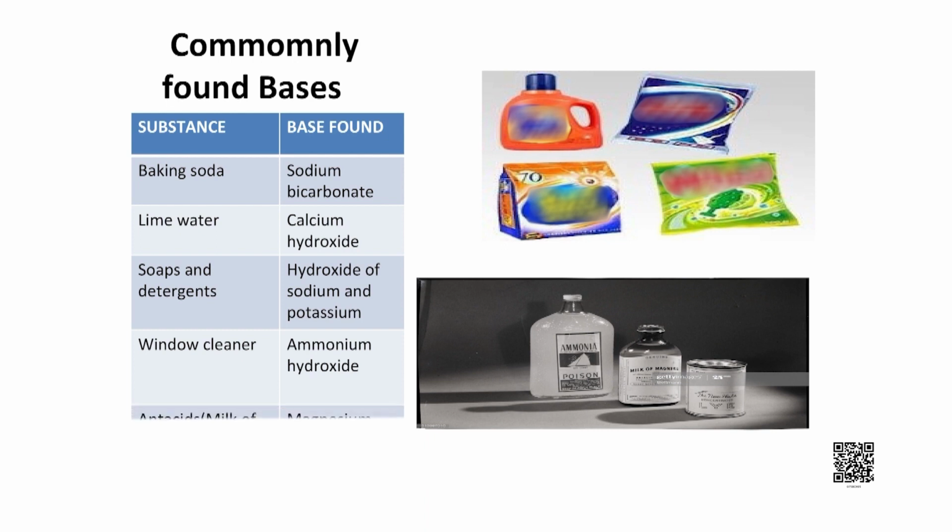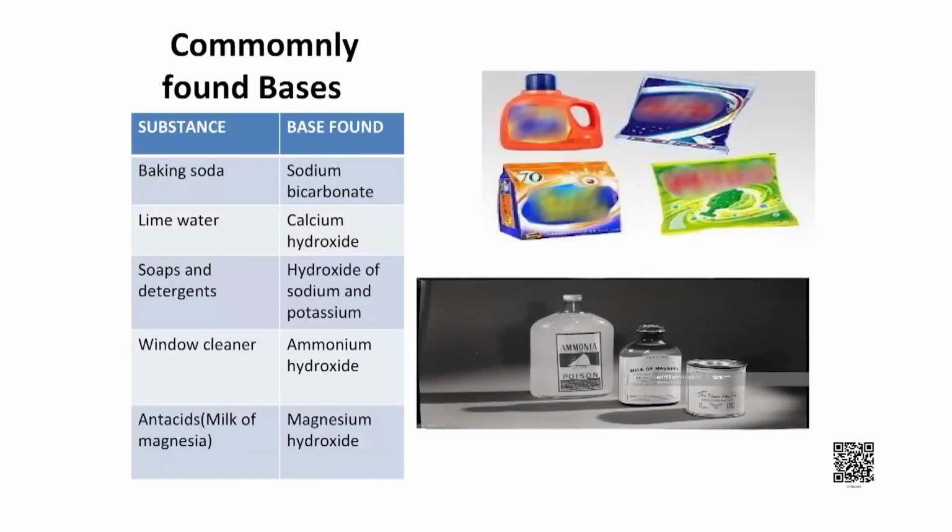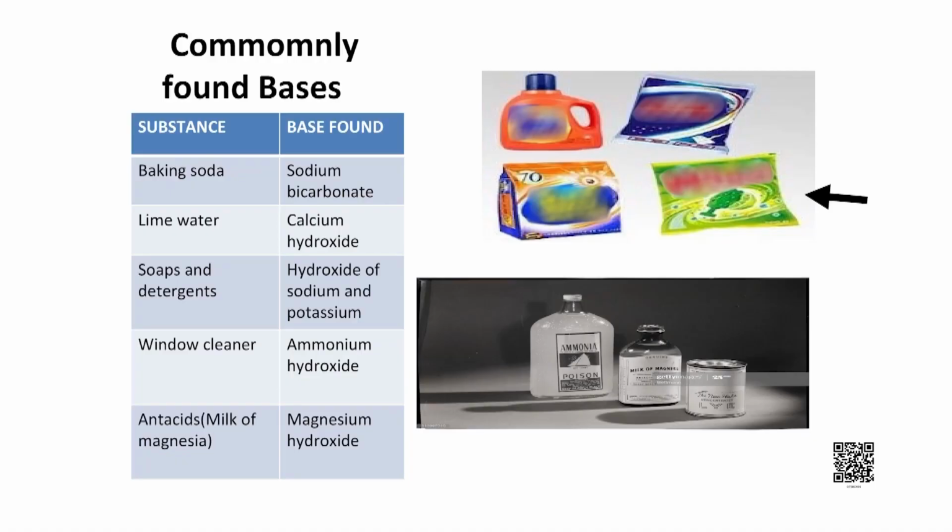Another base we use, apart from sodium bicarbonate, is the antacid milk of magnesia. By now you have known it. What are antacids? Antacids are substances which act against acidic compounds. Okay, dear children, can you see the pictures? I have given different pictures here. Those are soaps and detergents which you come across in your daily life for cleaning purposes. So these are just to show that we are dealing with basic compounds.